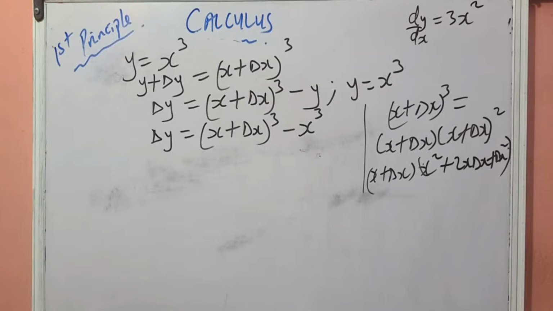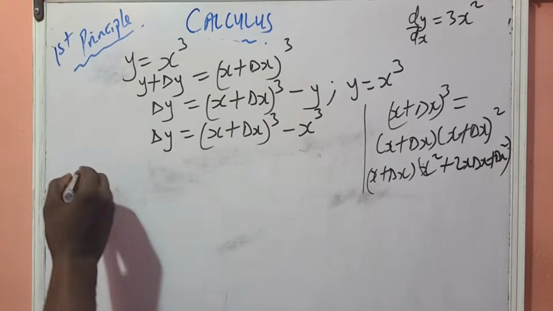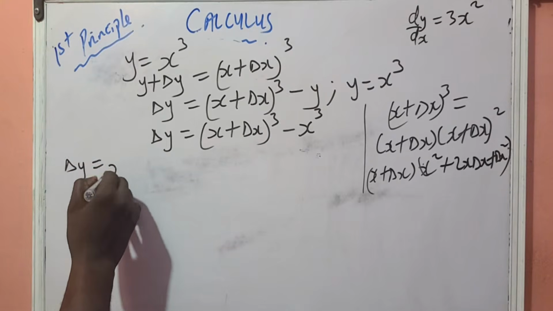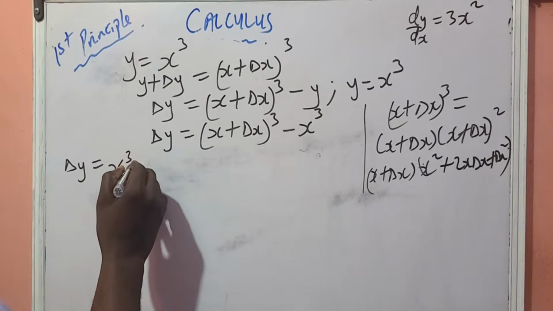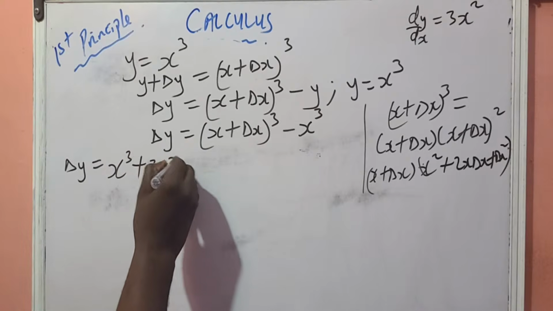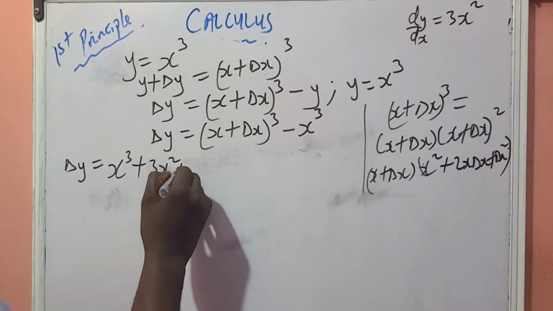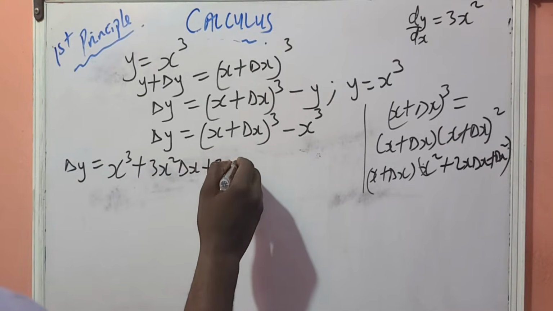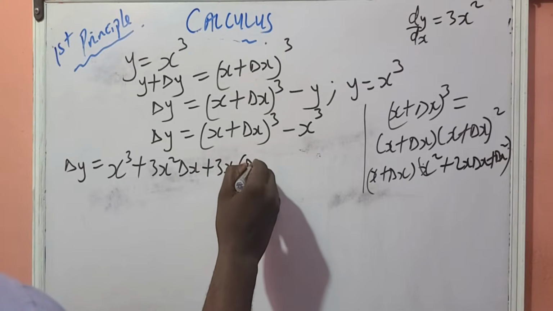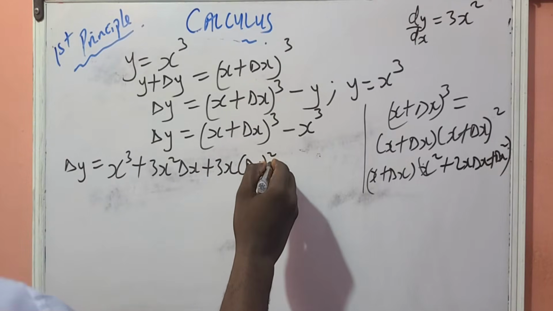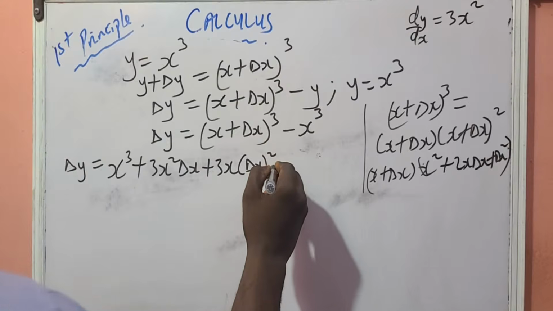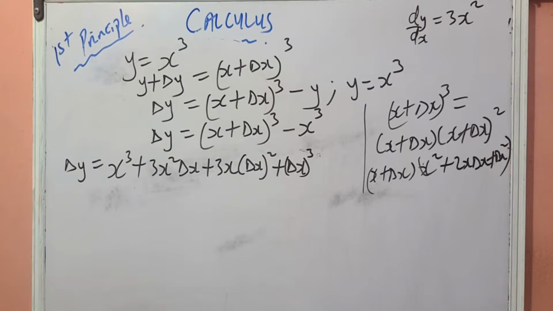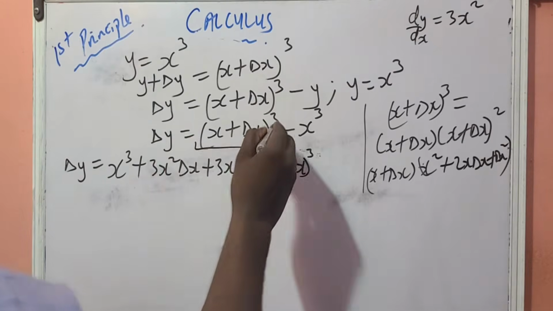When you expand this, y will be equal to x cubed plus 3x squared dx plus 3x dx squared, then plus dx cubed. So this is the expansion for this right here.